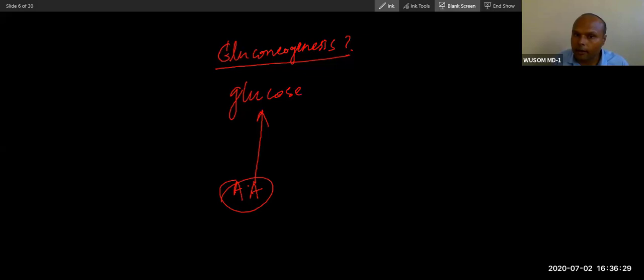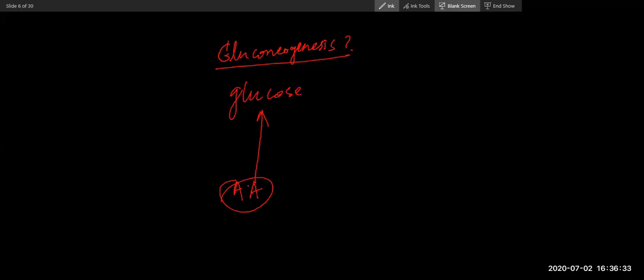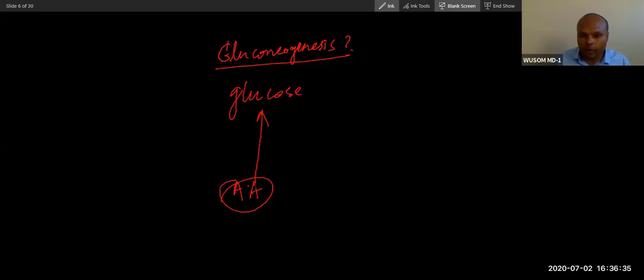Did you understand this? Yes, sir. Our body synthesizes glucose from amino acid and also from glycerol. Glycerol is synthesized during fed condition as glycerol 3-phosphate. So from glycerol and amino acid, our body forms glucose.